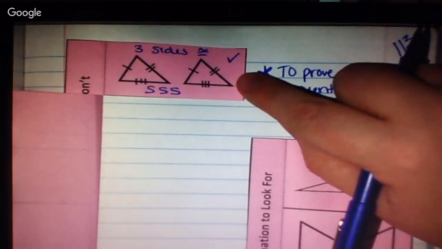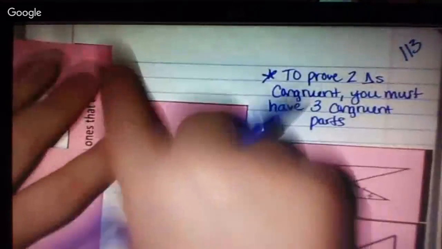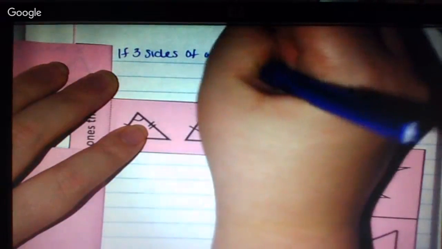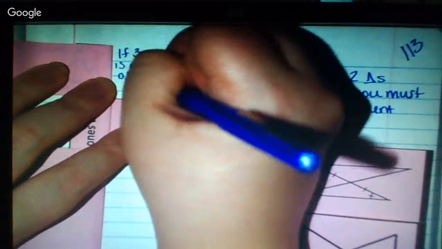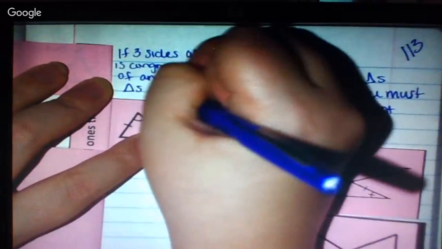So if you open up that flap, underneath it: if 3 sides of one triangle are congruent to 3 sides of another, the triangles are congruent.